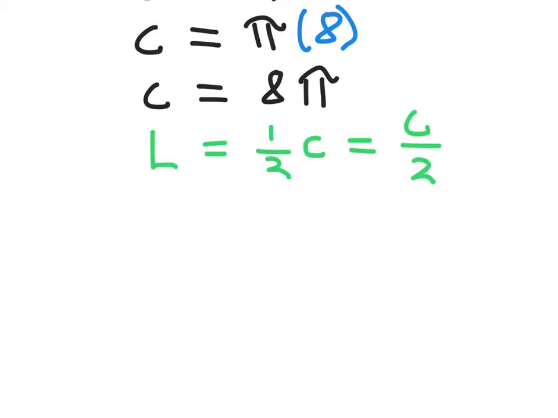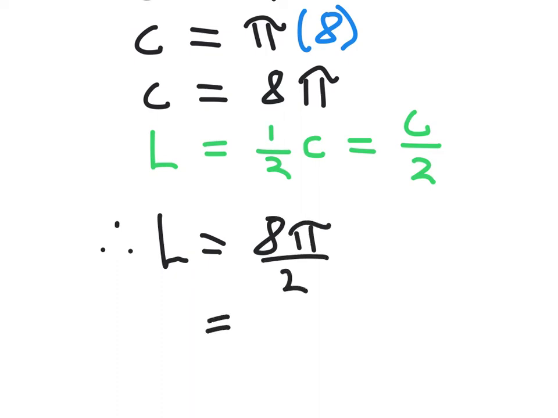We know that C equals 8 pi, so therefore L is going to be equal to 8 pi divided by 2, which will be equal to 4 pi. So that is that curved length there. That's an exact amount, which is a really good way to leave your answer unless you're told to do an approximation, so we're just going to leave that in exact form for the moment.